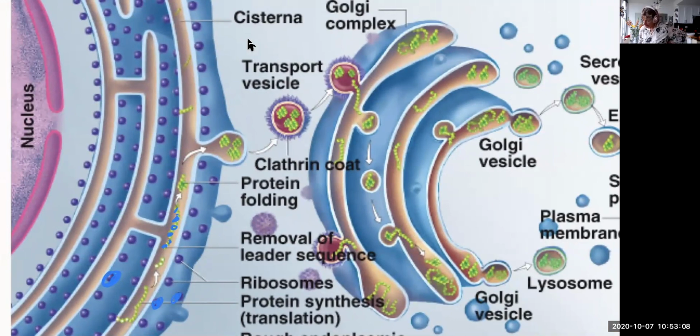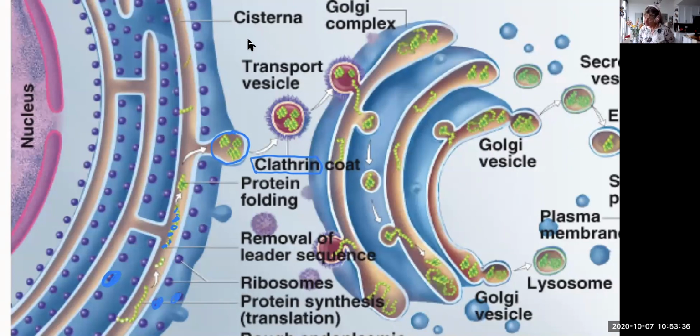Then the vesicle buds off of the rough endoplasmic reticulum, and it's coated by something known as clathrin. Clathrin is a type of protein that coats vesicles. That's its function in the cell. I'm not sure why they require coating, but perhaps so that they don't dissolve.